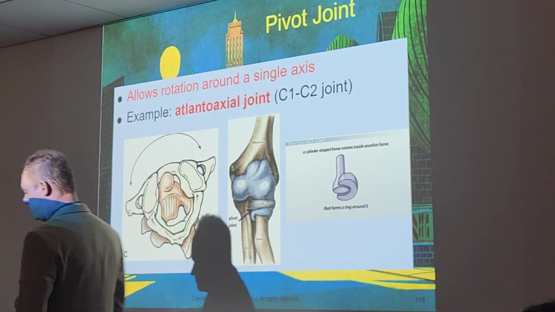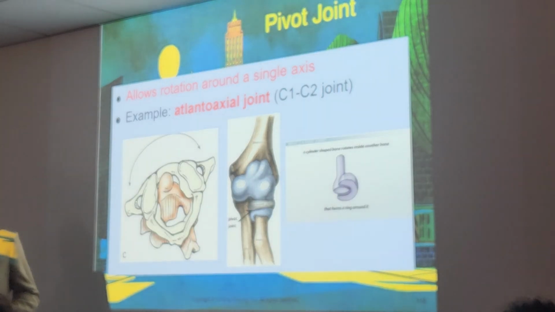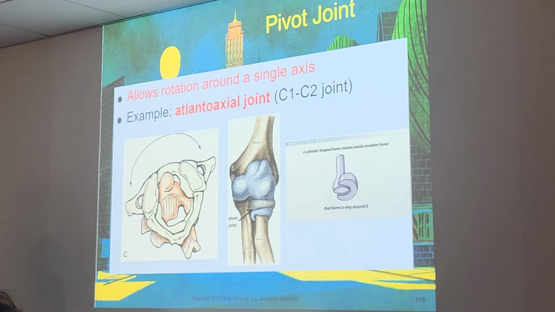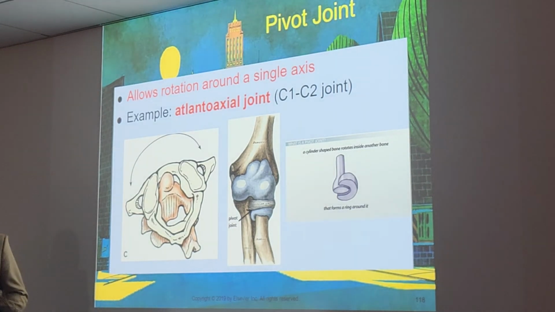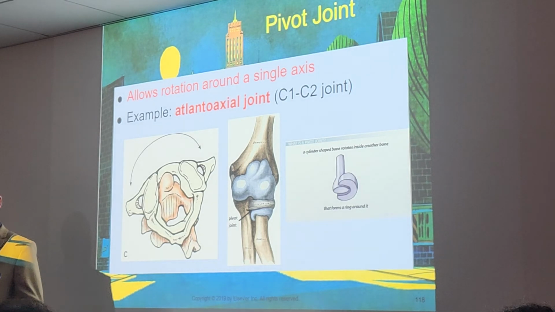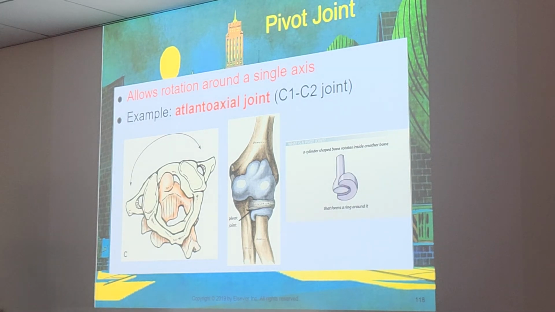What do you mean by C1, C2 joint? Vertebrae C1, C2. So it's called atlantoaxial because the C1 is also called the atlas, C2 is also called the axis. Thus the atlantoaxial joint, or C1, C2 joint.